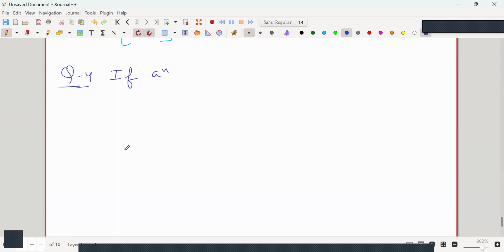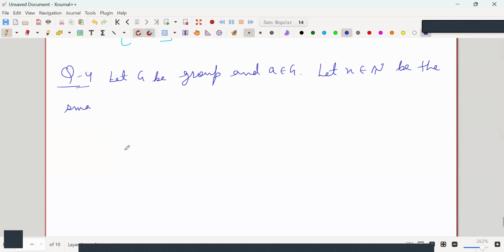Okay, I should write that G is a group, and so let G be a group and A belongs to G. Let n belong to the integers be the smallest integer with a^n equal to identity.